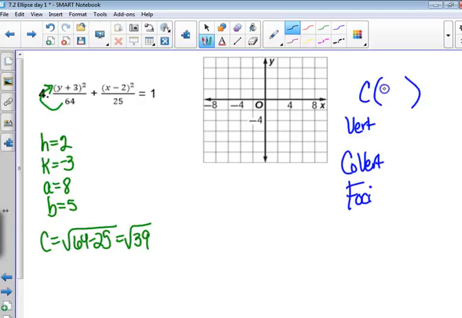Center? Anybody get the vertices? We're going to go 8 units up and down, right? Yep. And co-vertices are going out how far on the X?